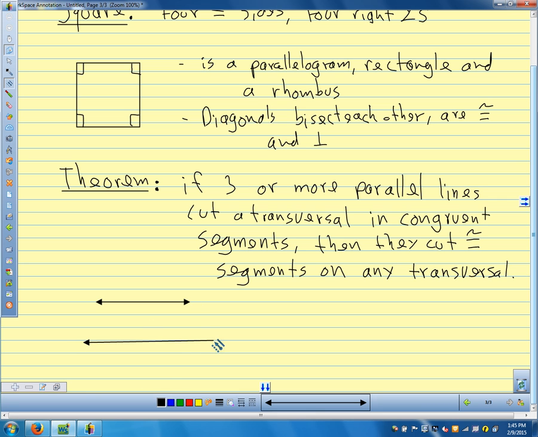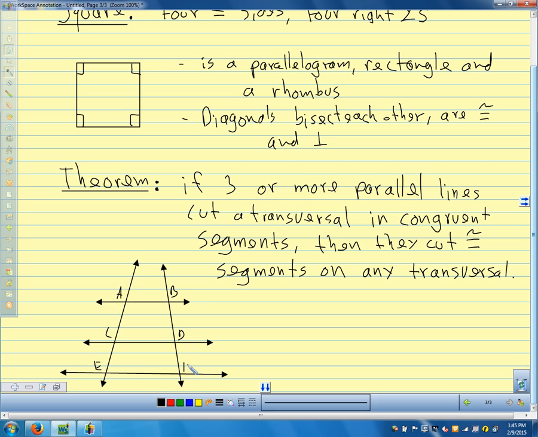So here are 3 parallel lines. I'm going to call those points A, B, C, D, and E, F, where all these meet, and we're saying that line AB is parallel to line CD, and is parallel to line EF.